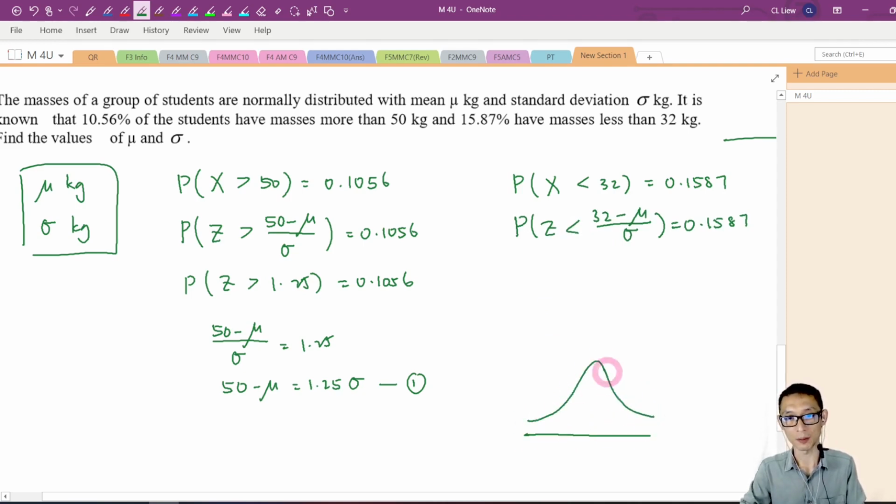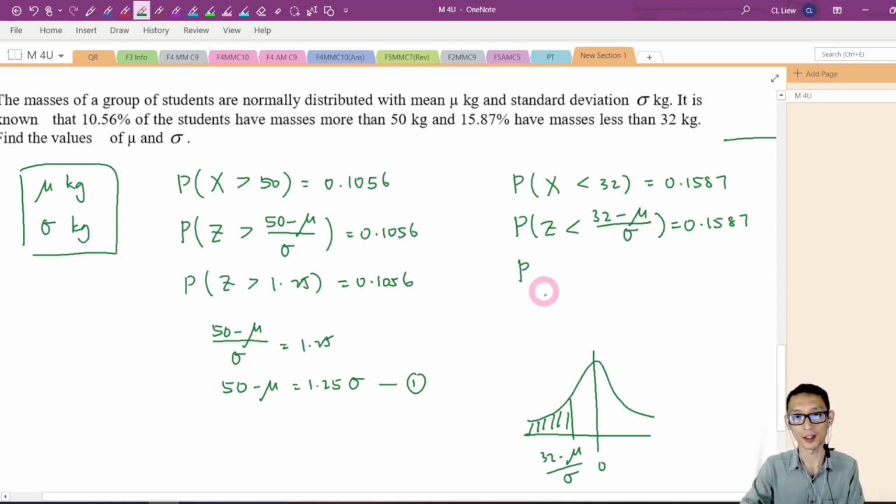Hope that you still remember this, what I told you just now. Observe that this is 0.1587, which is less than 0.5, right? This is actually over here on the left hand side. If I want to get the answer from the table, I need to change this to greater than, right?